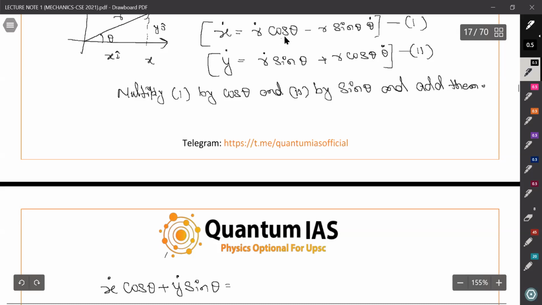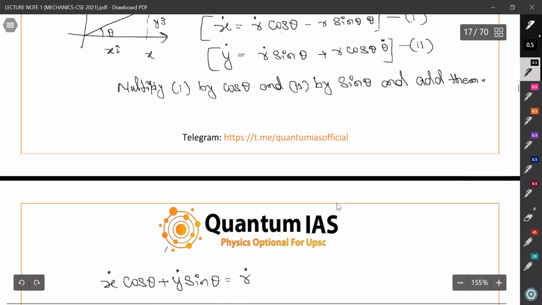Also r dot cos square theta plus r dot sin square theta will become r dot only, and these terms will be cancelled out because r sin theta cos theta is here also, and here the minus sign is there, so this will be cut.